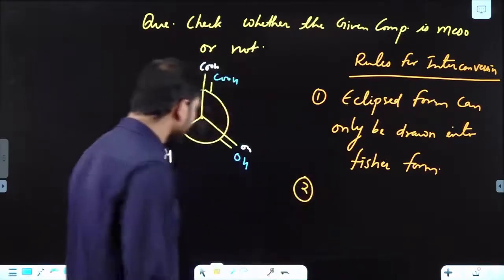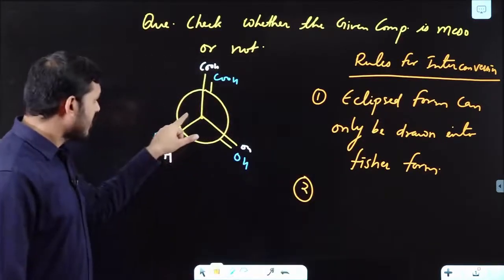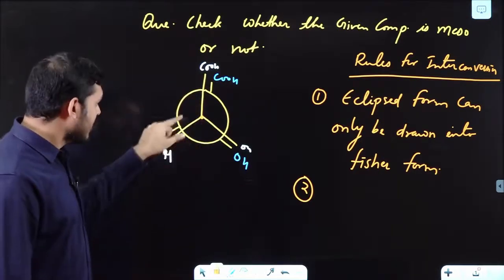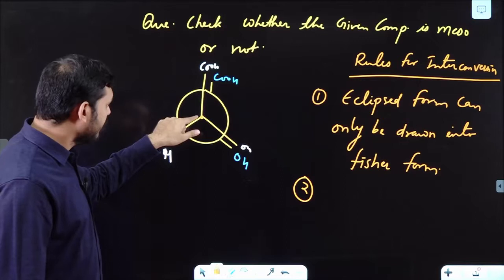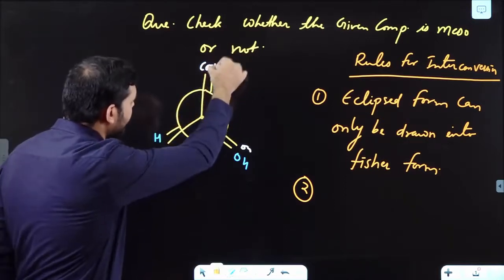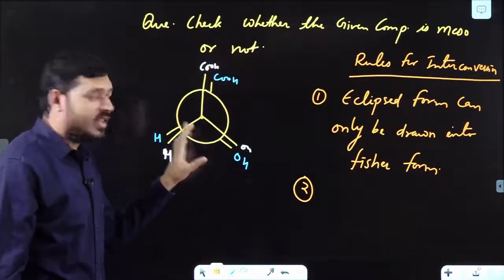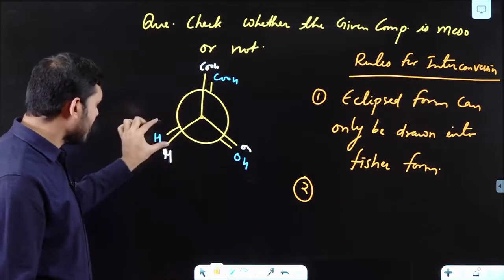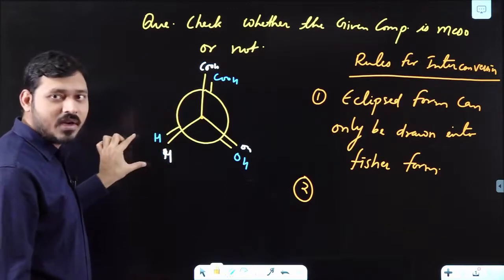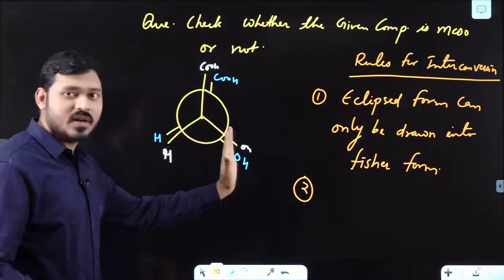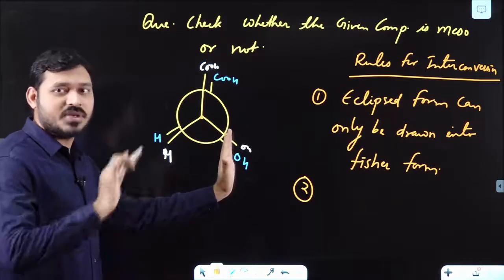Second, see, from front carbon, once you made the eclipsed form, what happens? Front carbon, see, suppose you are the observer and you are observing from the front side, then the groups which are on your left side will be on the left in Fischer, and those which are on the right side will be on the right side in the Fischer also.